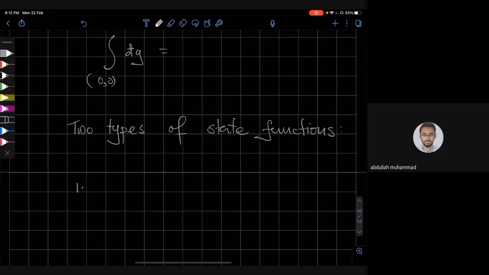One is extensive state functions. So what are extensive state functions?